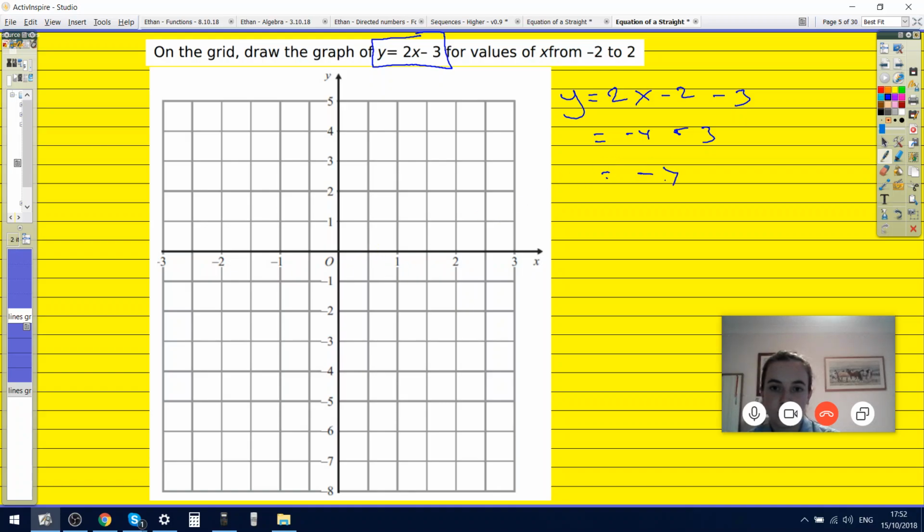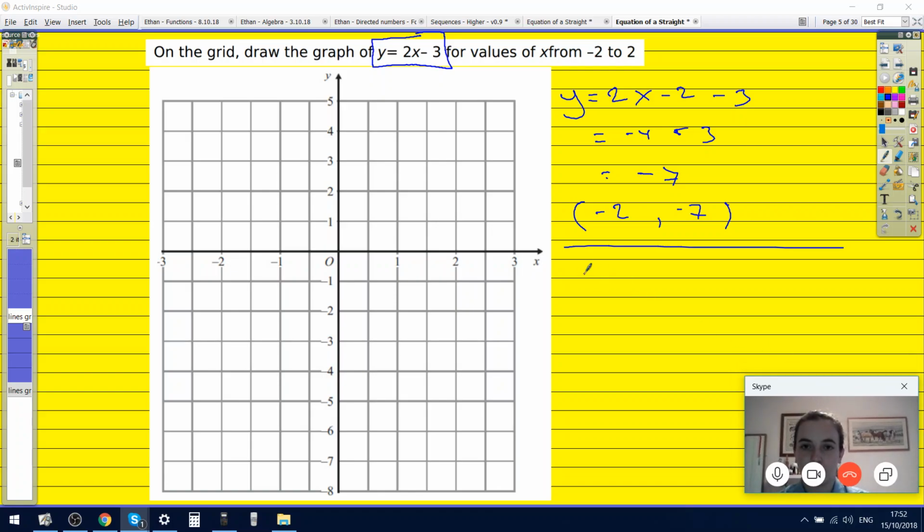And so what coordinate is on the graph? Minus 7, 0. When x was minus 2, we got minus 7. Oh, minus 2, minus 7. Well done. Okay. And what's next?